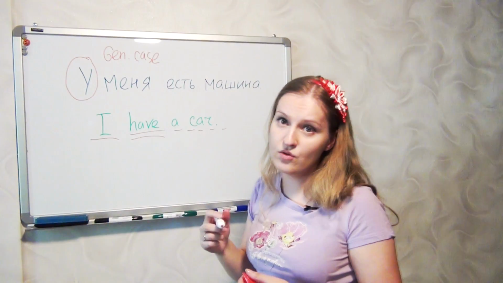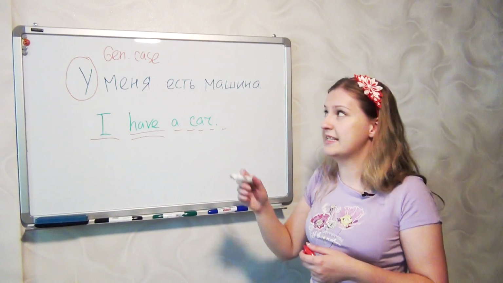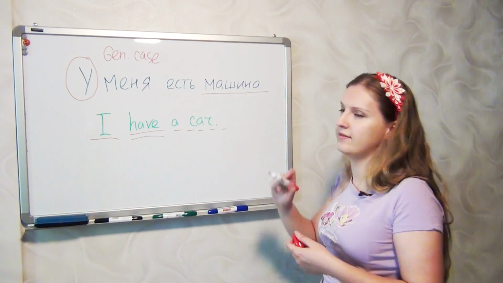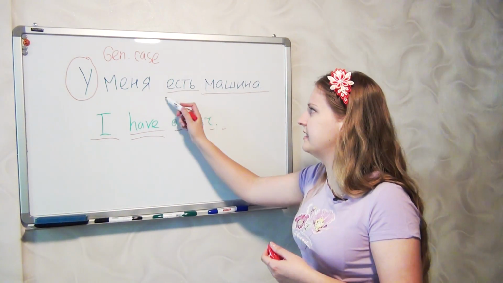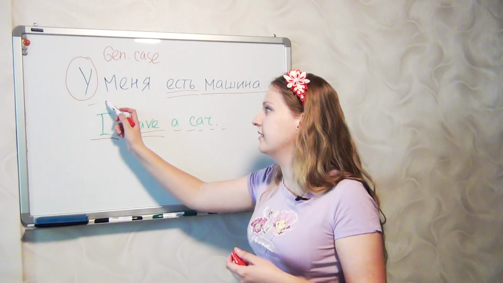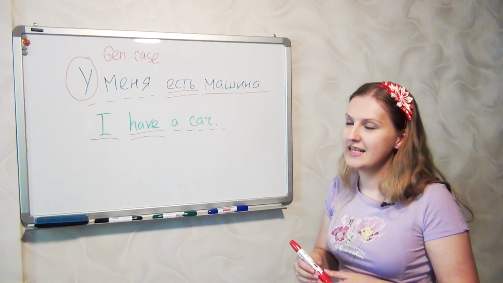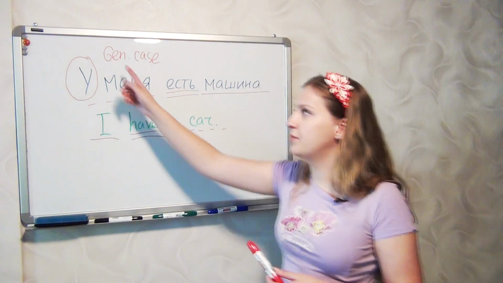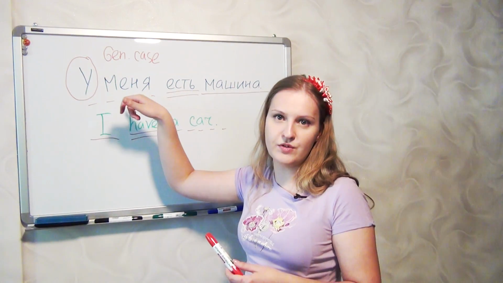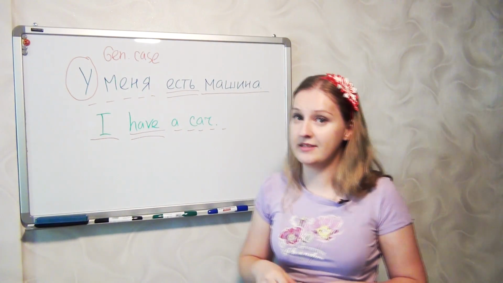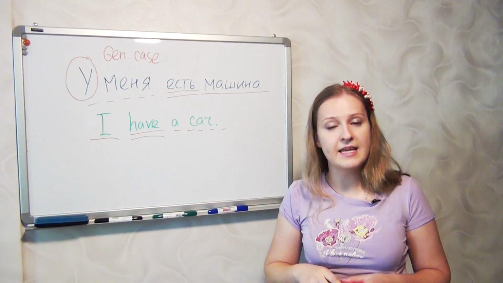And to tell the truth, the subject of the sentence is машина. Есть. У меня, it's an indirect object here. So be careful. When you see a preposition, the word after it cannot be used in a nominative case. That's a very important thing.